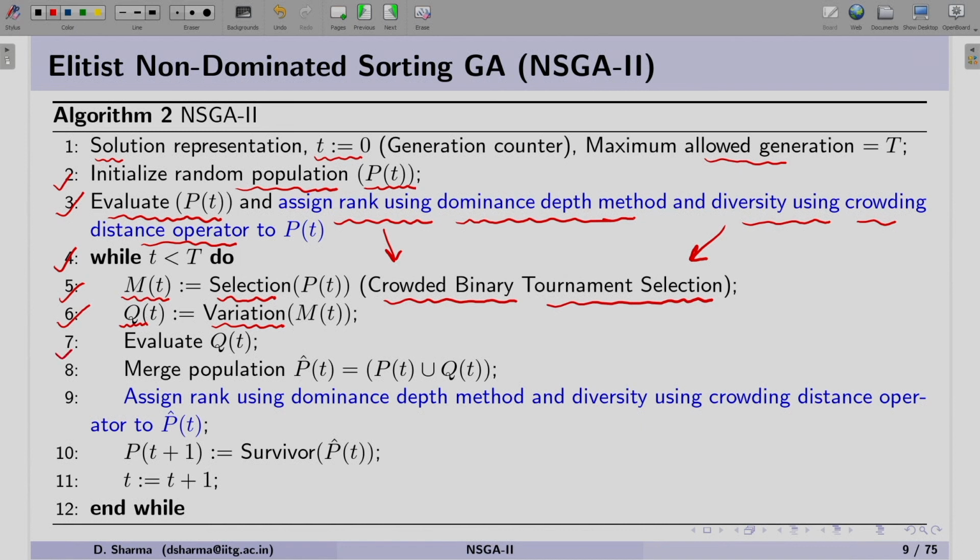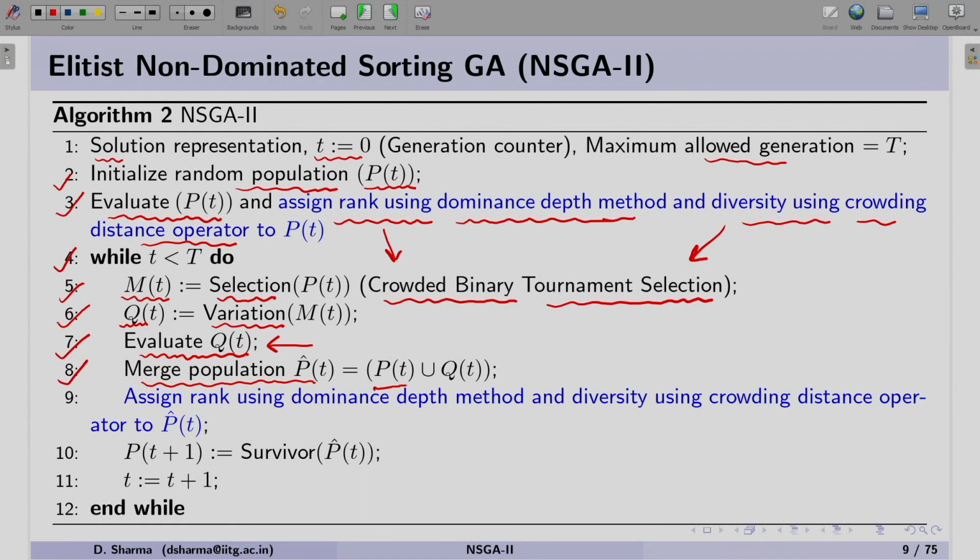Thereafter, in step 7, we evaluate the offspring population. Again, evaluating the offspring population means we will be calculating all the objectives and the constraints. Thereafter, in step 8, we merge. So here we can see we are merging the population.